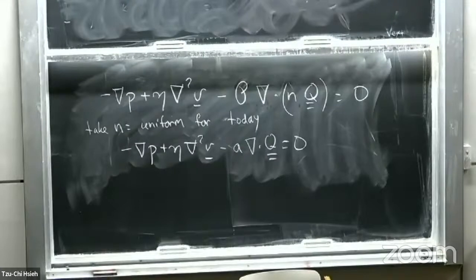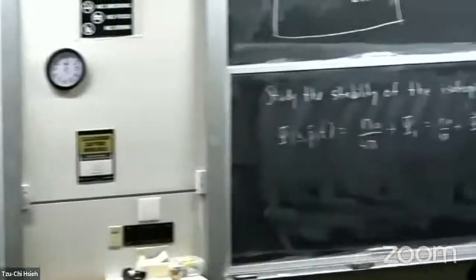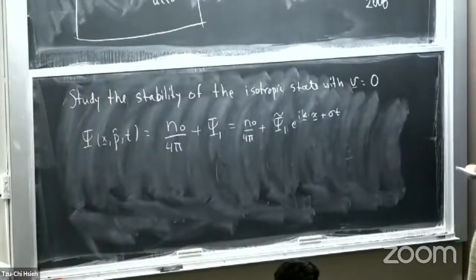The perturbation is going to be of the form, just the simplest thing we can imagine: just a plane wave with some exponential growth, because we're doing linear stability. And we want to see, is sigma positive or negative or zero?